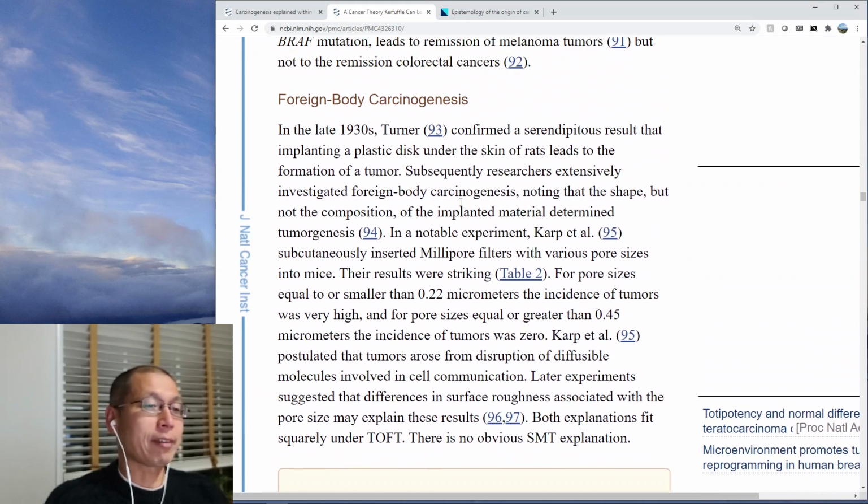This is the thing I found actually the most interesting, actually, is this foreign body carcinogenesis. And what they found out is evidently there were these experiments where they implanted paper filters into mice, and the paper filters caused cancer. And paper filters should not be carcinogenic. They don't cause mutations.